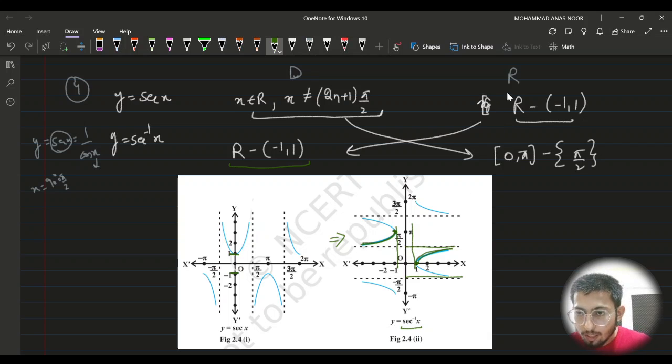Now what is the range? This is 0 to pi except pi by 2. This is 0 here, this is pi here, and you should not take the value pi by 2, because this is the dashed line. If you take it as pi by 2, it would become undefined.